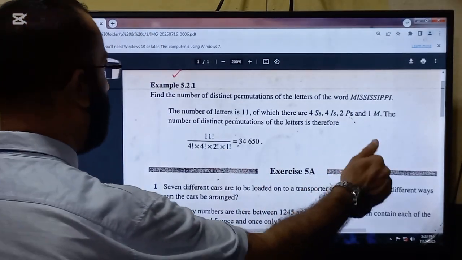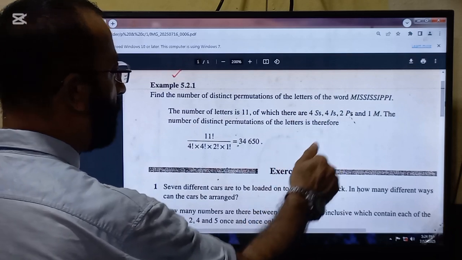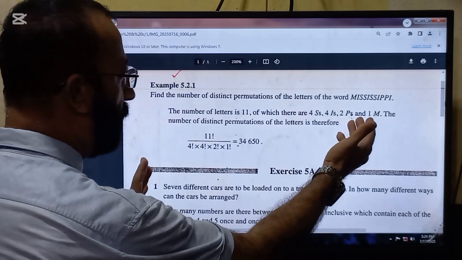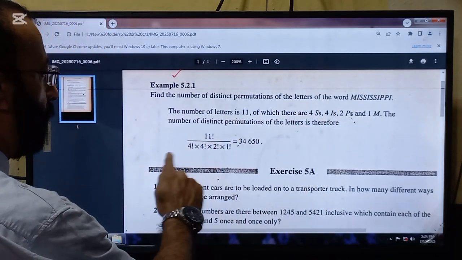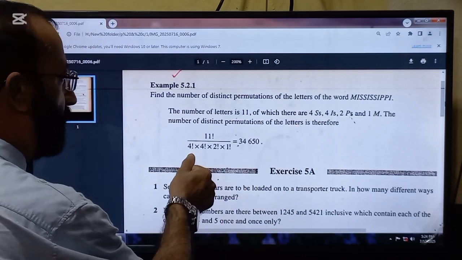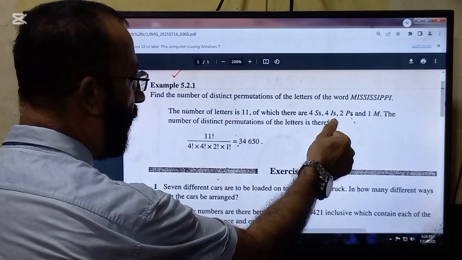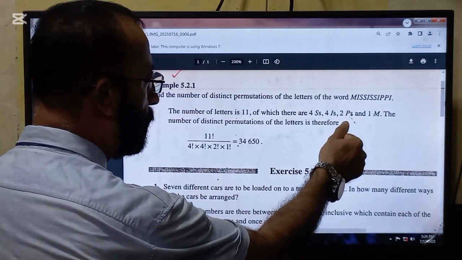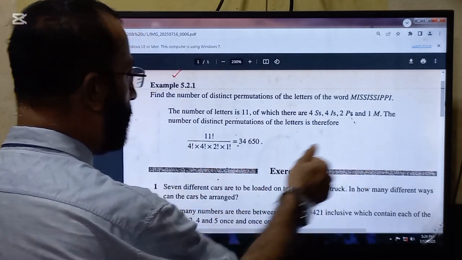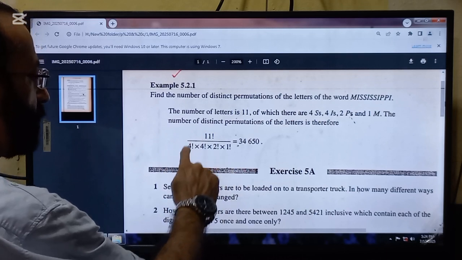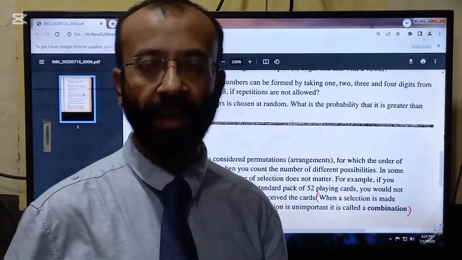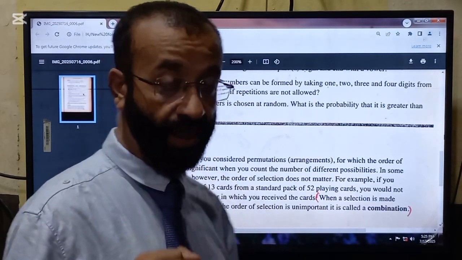In the numerator we take the factorial of the total number of letters, 11 factorial, over 4 factorial for the 4 identical S's, 4 factorial for the 4 identical I's, 2 factorial for the 2 identical P's, and 1 factorial for the 1 M. When you solve it on the calculator, you will get the answer 34,650.